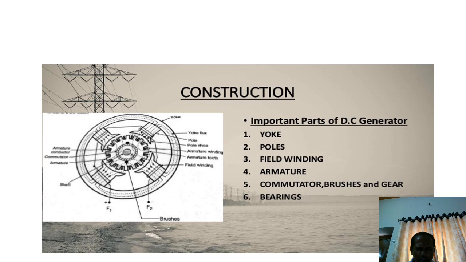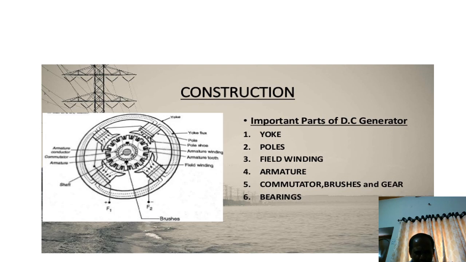So this is the outermost frame of DC generator, which is called yoke or magnetic frame. This is a pole fastened to the magnetic frame, and the pole has field winding and pole shoes. Here this is the pole and this is the pole shoes. Placed on the pole is the field winding.